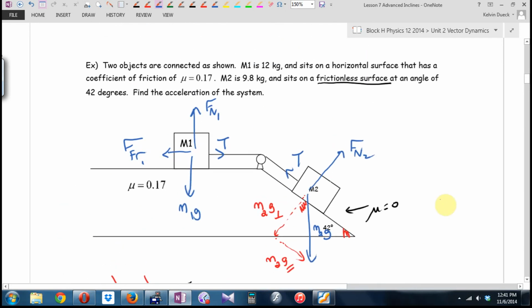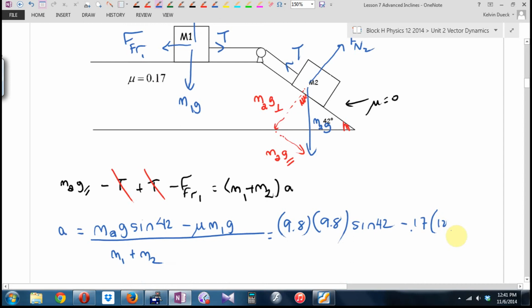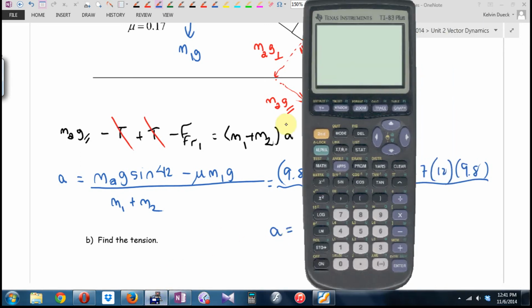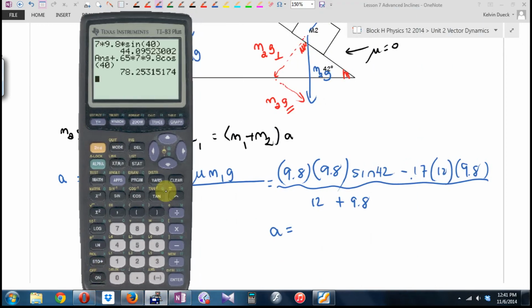Mass 1, 12 times 9.8, all over 12 plus 9.8. Again, these are the kinds of questions I strongly encourage you to get your calculator out right now and try typing it in.